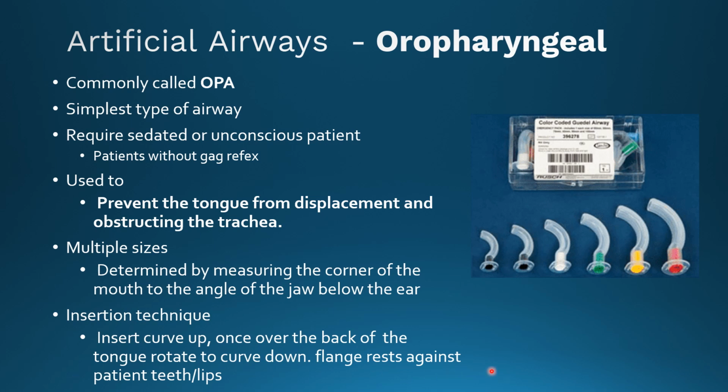These are great as you can provide alternative oxygenation methods over top. You can put a mask over top of these, or you can use a non-rebreather or a bag valve mask on top of these.